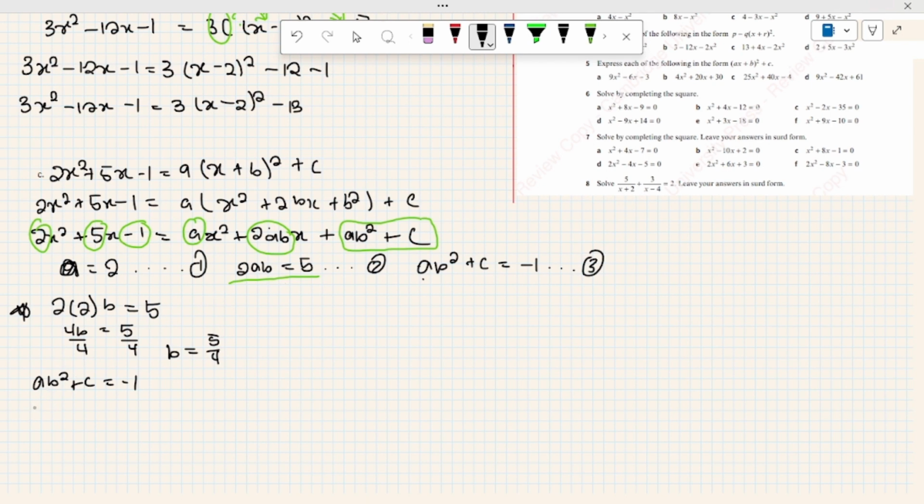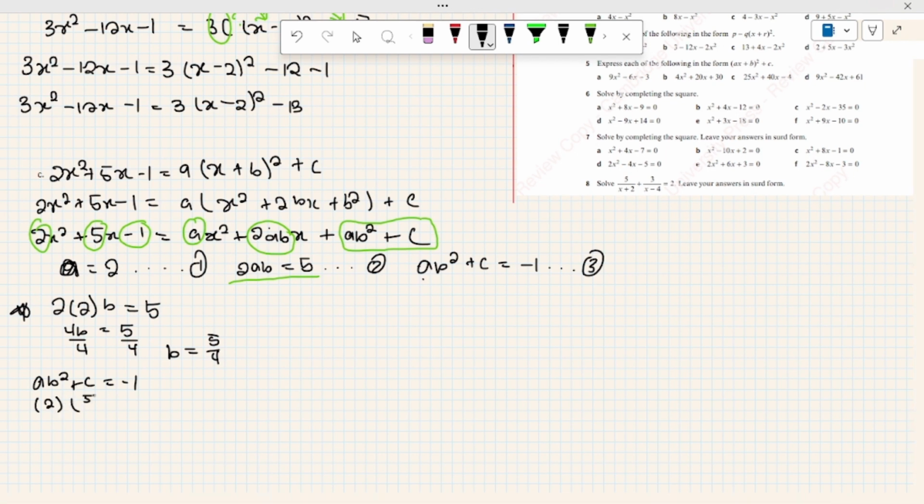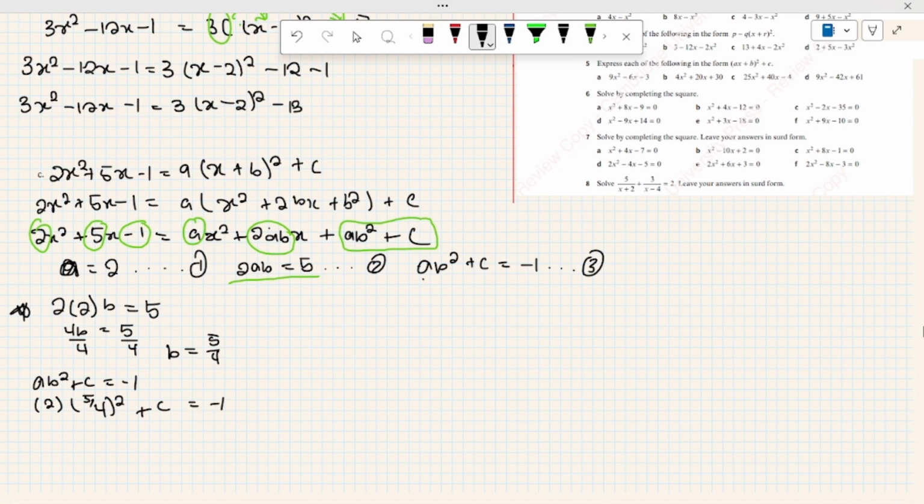So we got the value of a, that is 2. We got the value of b, that is 5 over 4, squared, plus c is equal to minus 1. So now let's solve.